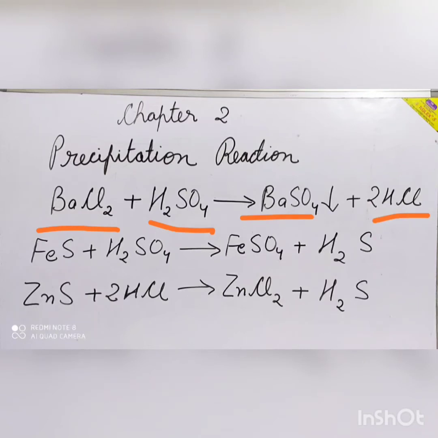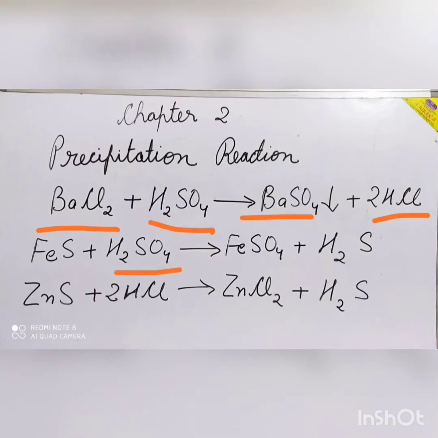Double decomposition reactions may also occur with the evolution of gas. For example, on adding dilute sulfuric acid or dilute hydrochloric acid to metal sulfide, we get metal sulfate or metal chloride, and an offensive rotten egg smelling gas, hydrogen sulfide, is evolved.